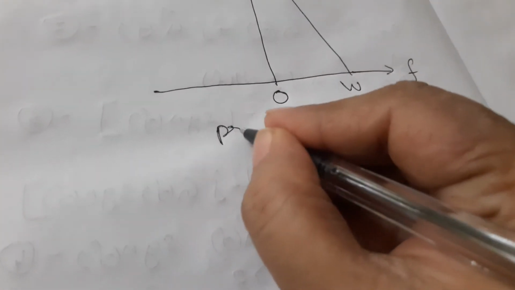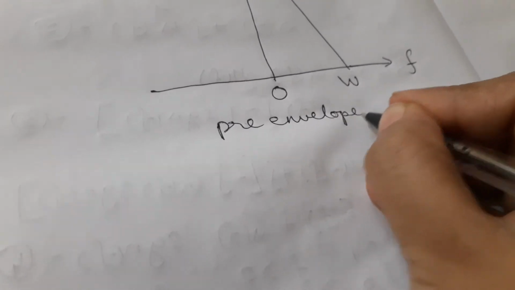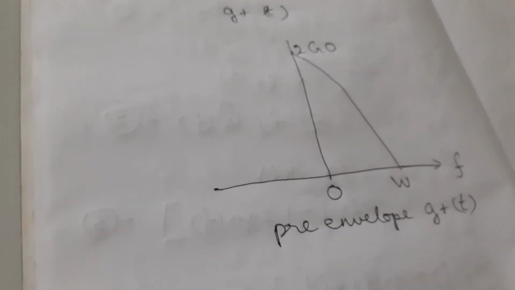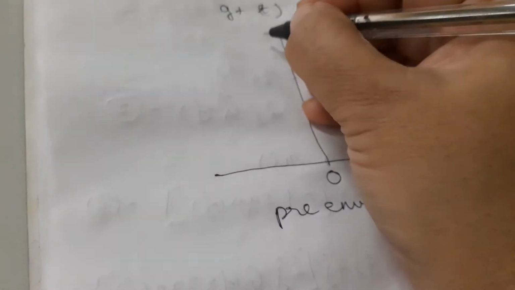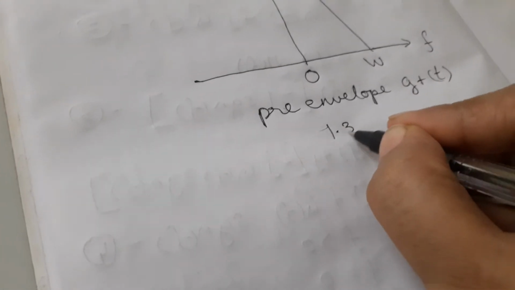This is a spectrum of the pre-envelope g plus of t. You can see the spectrum, so you can mark it as g plus of f here. So, pre-envelope. Now this is figure number 1.3.